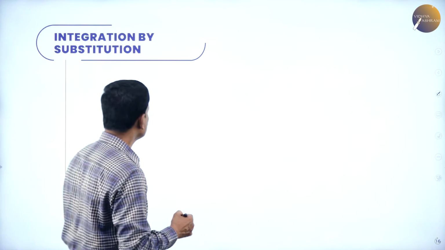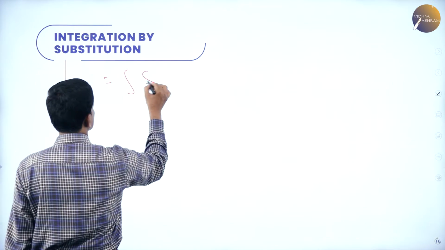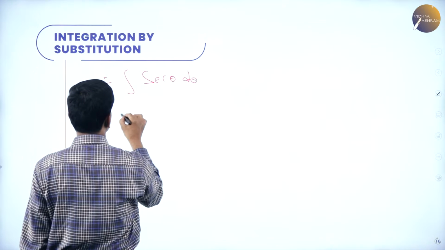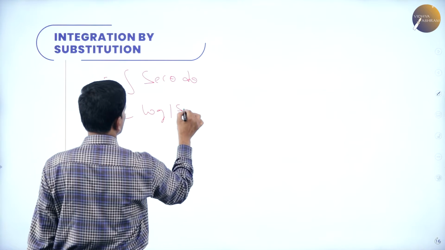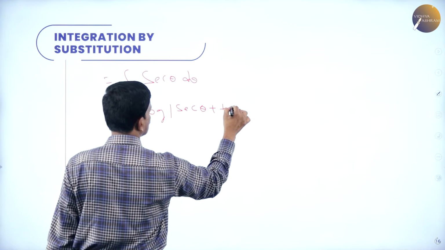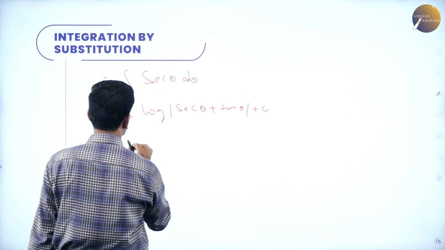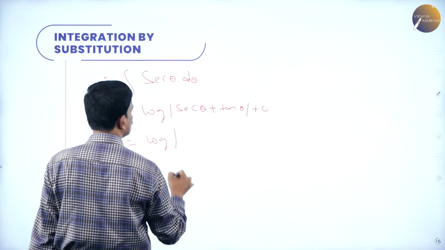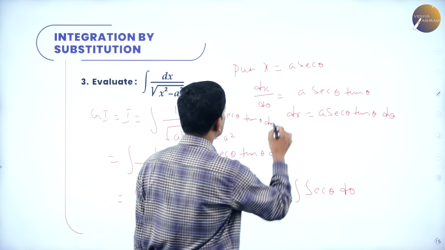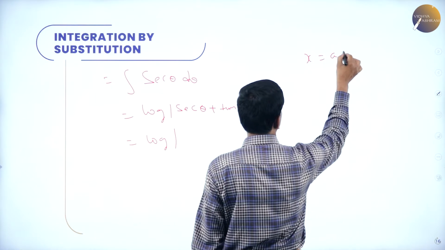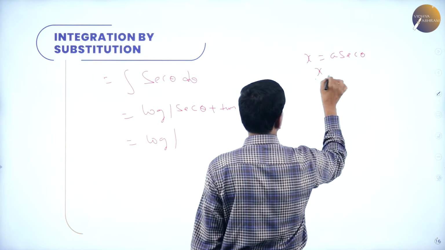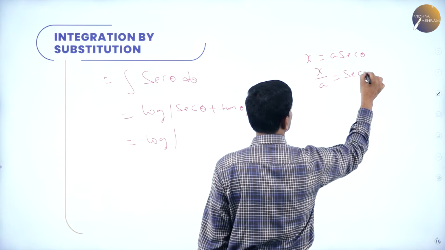Now what is the integral of secant theta? Integral of secant theta is log mod secant theta plus tan theta plus c. Now substitute it. What is the substitution we have taken? x is equal to a secant theta, right? x by a is equal to secant theta.